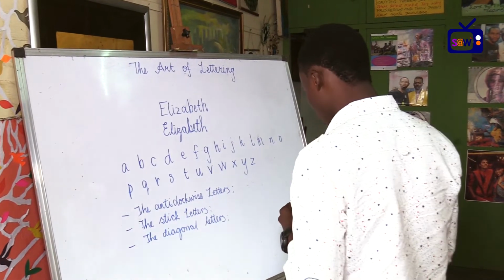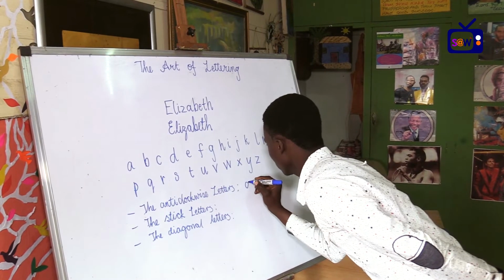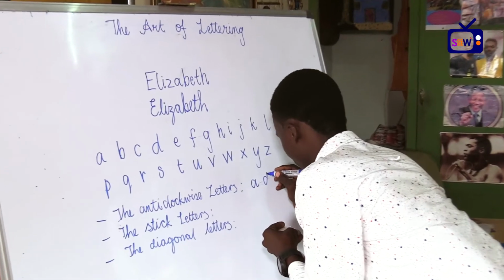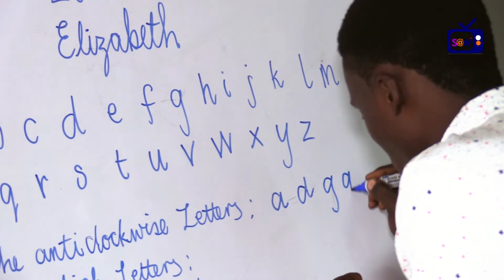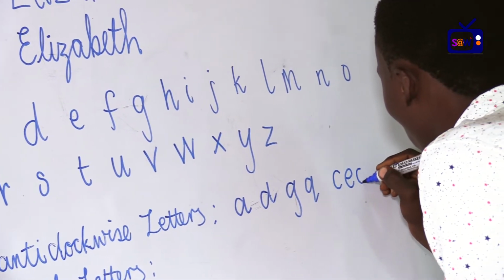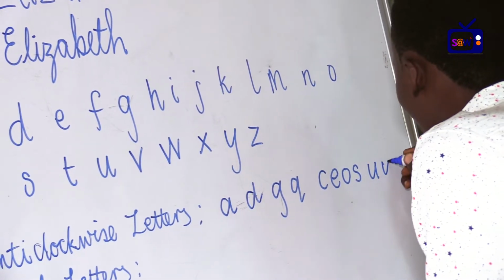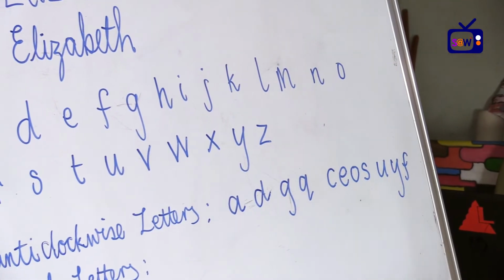Examples of such letters we have are A written this way, D, G, Q, C, E, O, S, U, Y, and F. They are all written in an anti-clockwise manner.